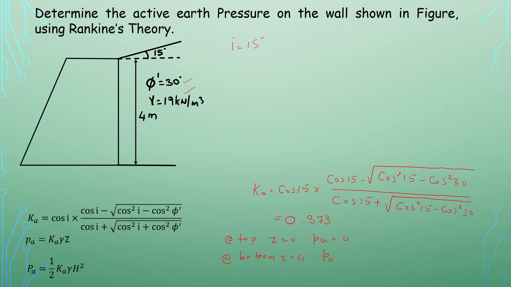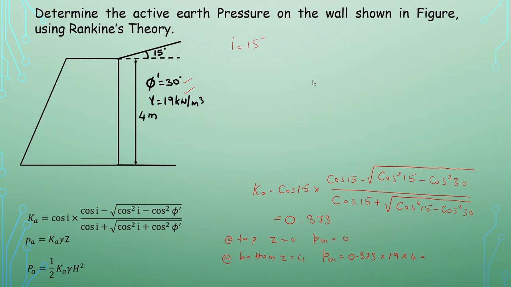Therefore, Pa equals Ka, which is 0.373, into gamma, gamma is 19, into Z, which is 4.